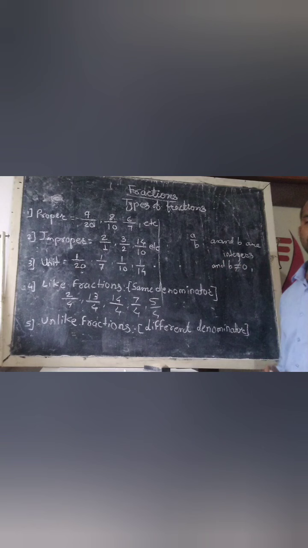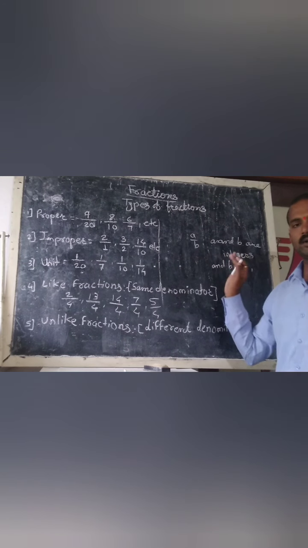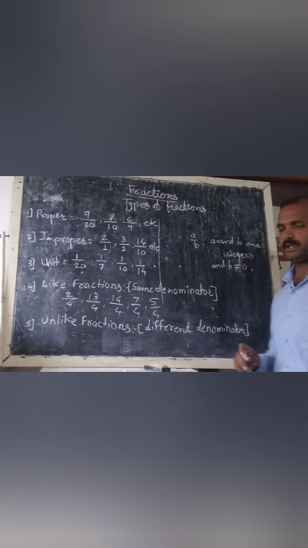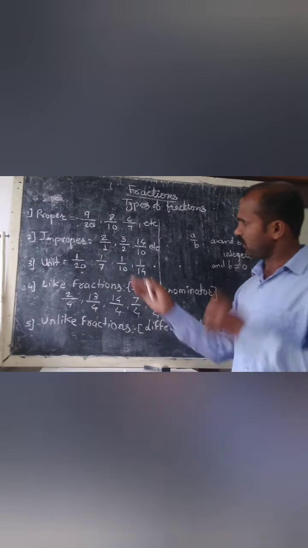Means b should not be 0. A can be 0 or any number, but here is one limit given: b should not be 0. All such numbers are called fractions.